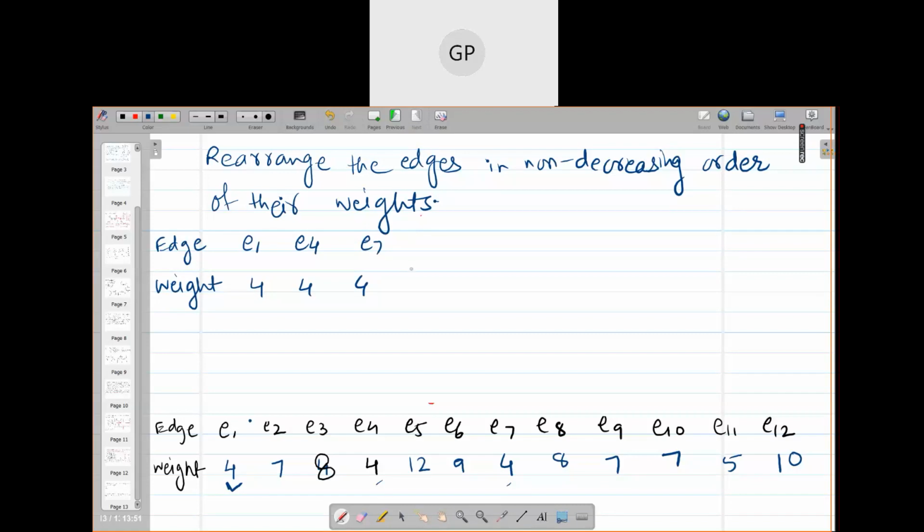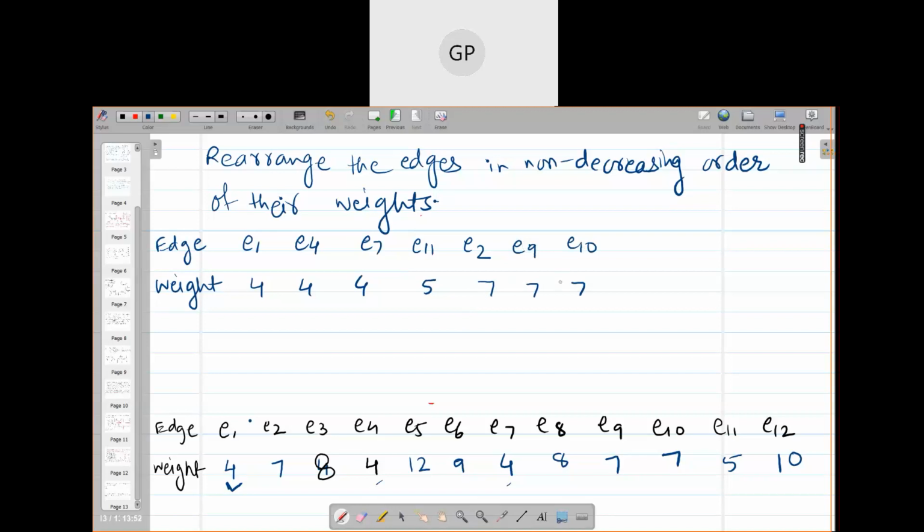Which edge has 5 weight? E11. Then there is 7: E2, E9 and E10. So there are 3 edges with the weight 7.